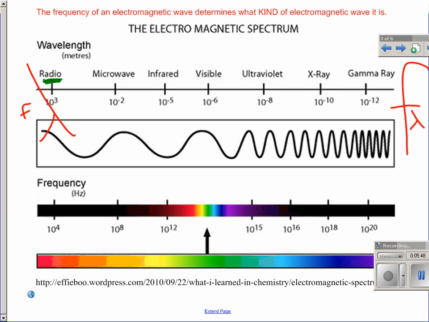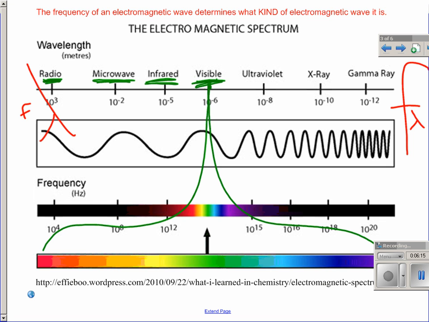As your frequency increases, you hit microwaves, infrared, visible light, which incidentally is broken up down here. Oh, sorry, it's not right. This is visible light. Visible light consists of all the colors from red to violet, right?